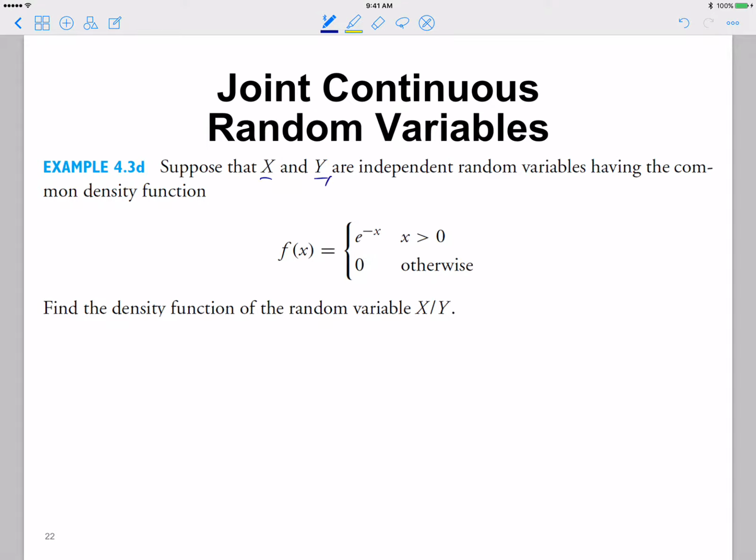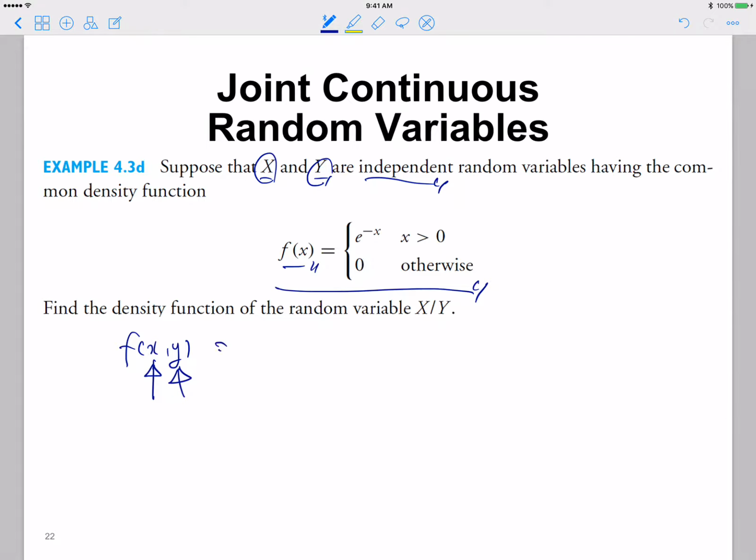So suppose we are given two random variables x and y that are independent. Both x and y have this density function, so these are marginal density functions. What about the density function at a particular x value and y value?